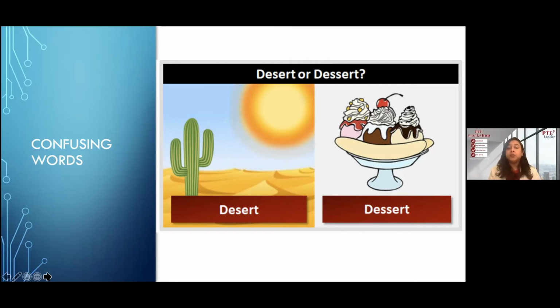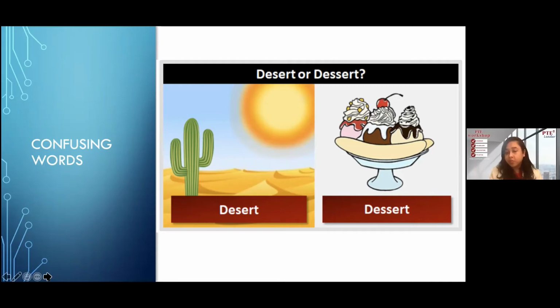So again, whenever you listen to the word desert, don't just start writing it with a single S or double S. First, we need to understand the context. What are they trying to say? If they're talking about food, it will be dessert with a double S. If it's a topic about a place where people don't usually live, where it's very hot, then obviously the other spelling, desert with a single S, will fit the context.